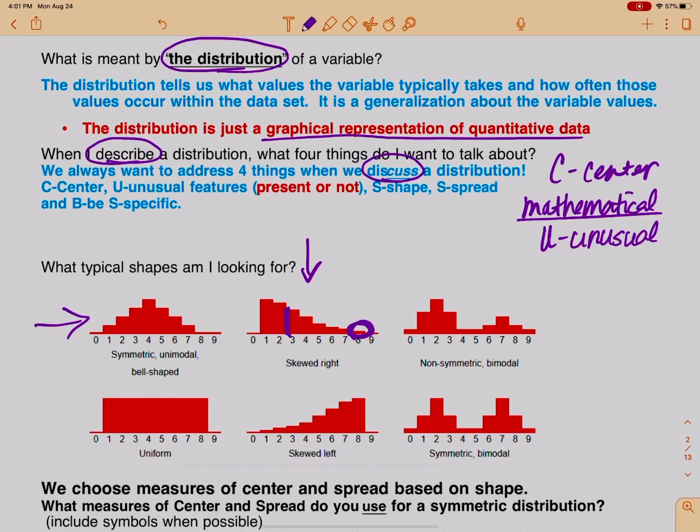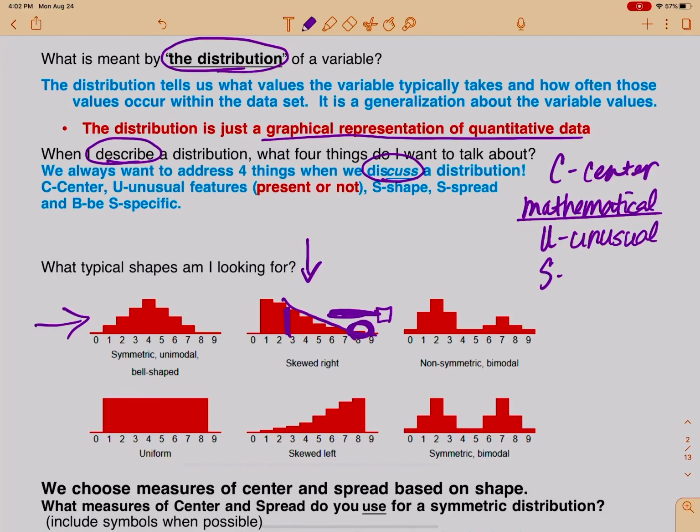This data piece right here is not necessarily an outlier. It is an unusual value given where the rest of the data are, but it's not really unusual in its placement. If there was a lot of space right here between most of the data and that data piece, if it didn't continue on the way it does here, then it would be considered unusual.